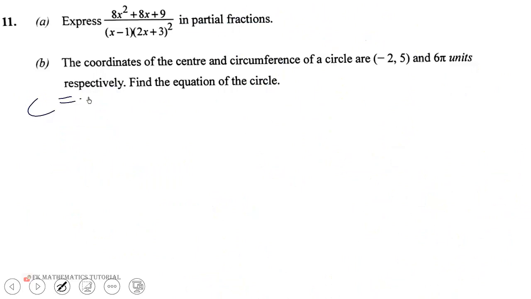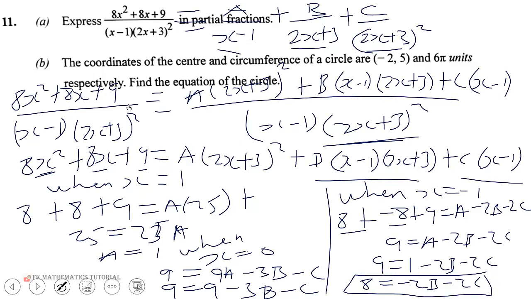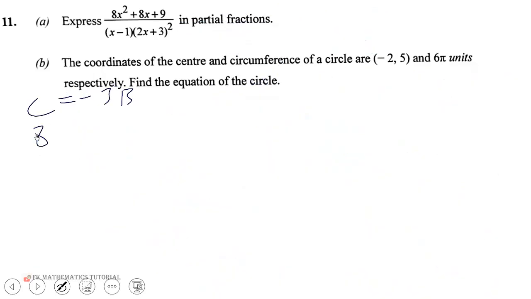So c equal negative 3b, and we have 8 equal negative 2b minus 2c, or 4 equal negative b minus c. So let me put c equal negative 3b here.